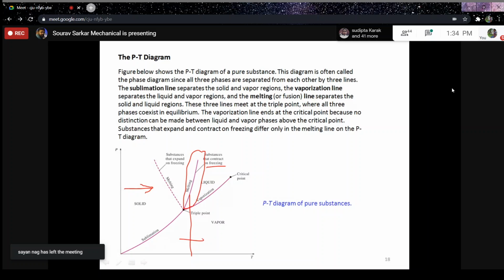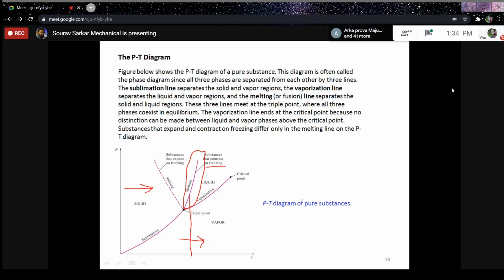As you increase your pressure, the melting point increases. So this is for the substances which contract on freezing and expand on melting, just like iron, which I have given as the example.